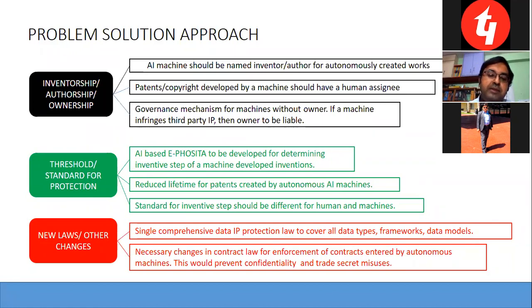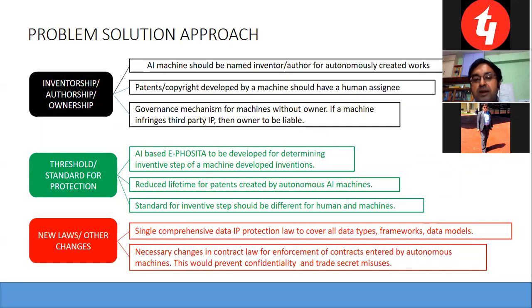It happens that one machine sells or triggers a sale action for a stock, and another machine buys the same stock. Now, a contract happens between the buyer and the seller. It's always there. So it might happen that machines would be entering contracts among themselves without any human intervention.